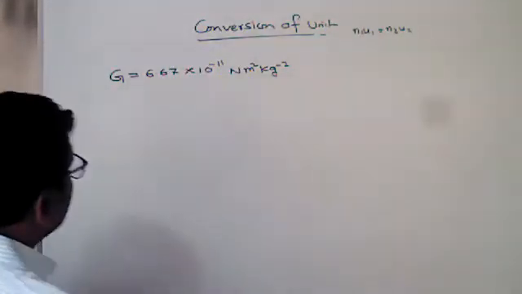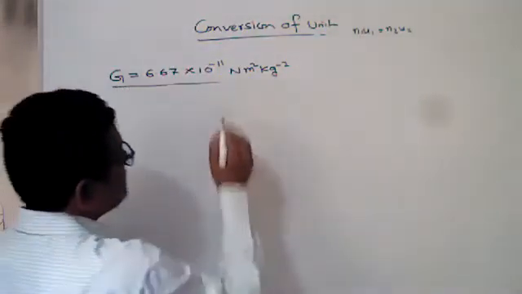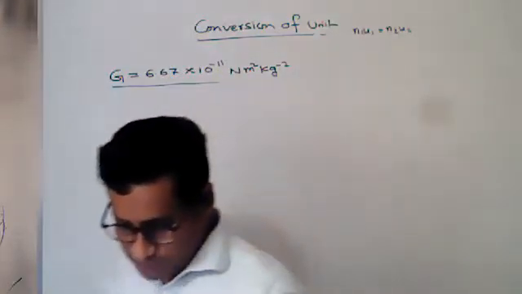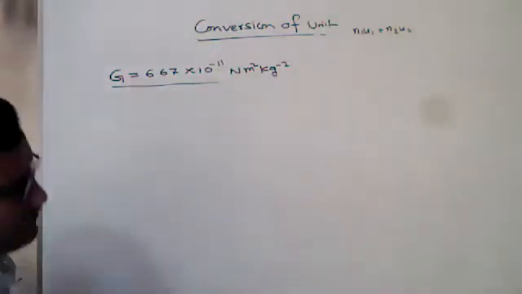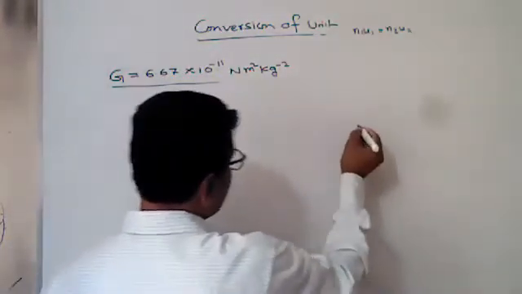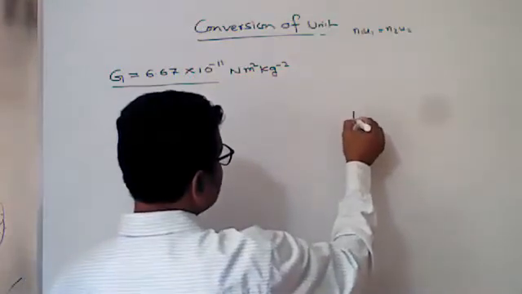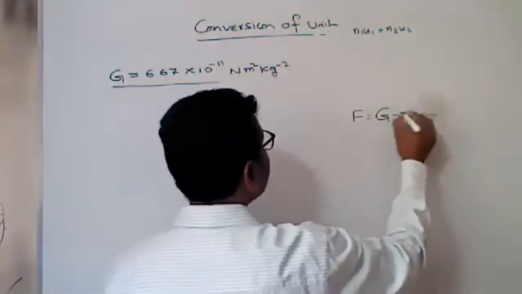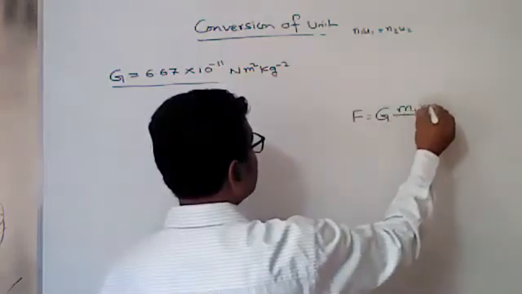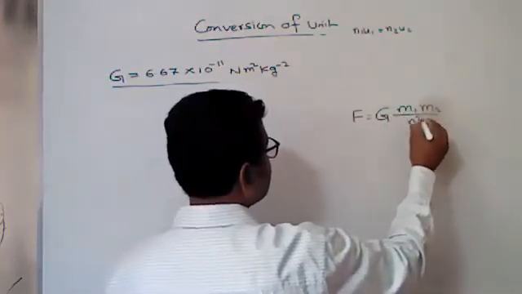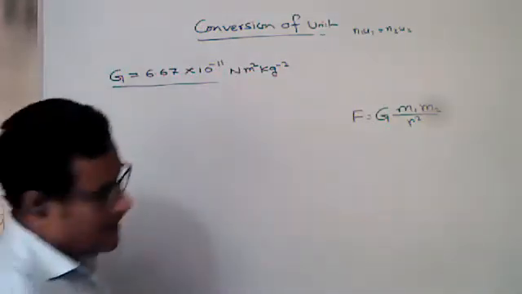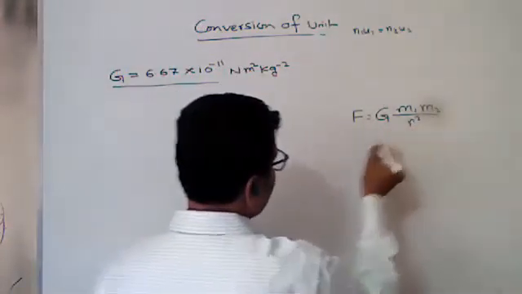At first, you have to know the dimension of G. According to Newton's law of gravitation, we know F equals G m1 m2 by r square.